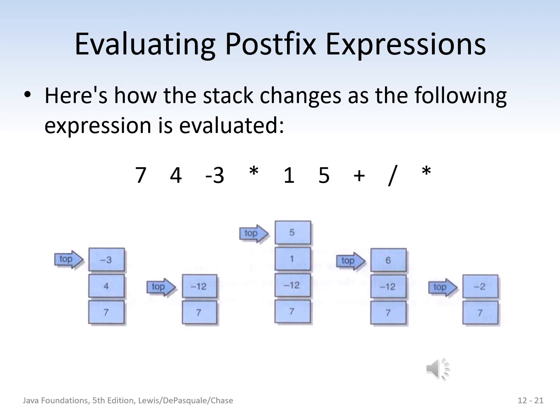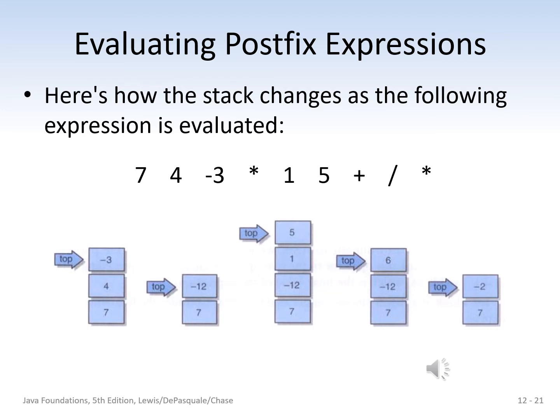So moving from the first depiction of the stack, where we have 3 elements and -3 is the top, to the second, let's see what happens. So we hit the asterisk, we pop -3 and 4 off, and we multiply them. -3 times 4 is -12, and we push the -12 back on to the top of the stack.